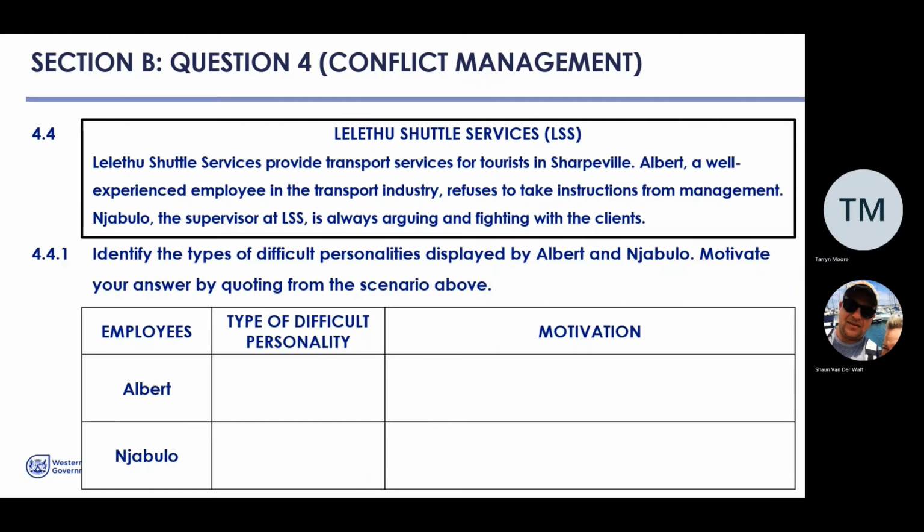4.4. We are dealing with Leletu Shuttle Services. Again, I am looking at identifying the type of difficult personalities displayed by the two individuals within the scenario.